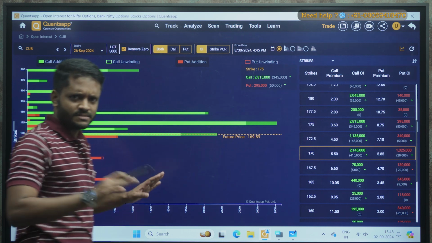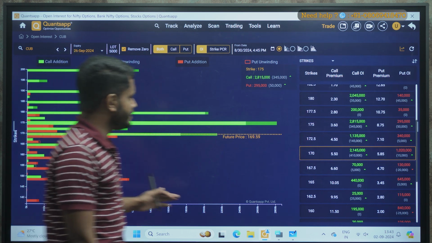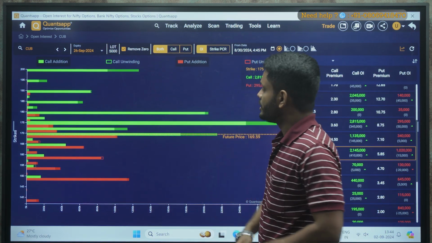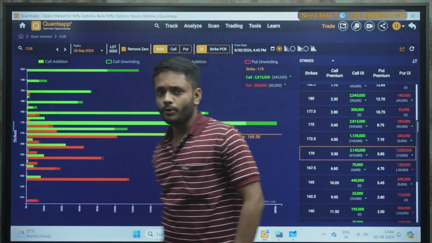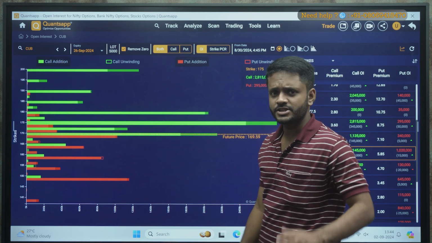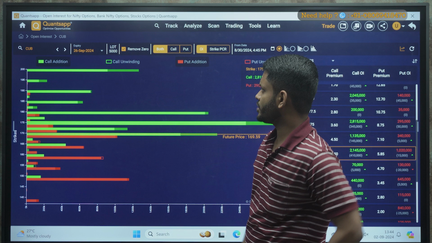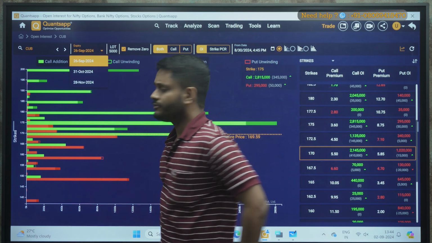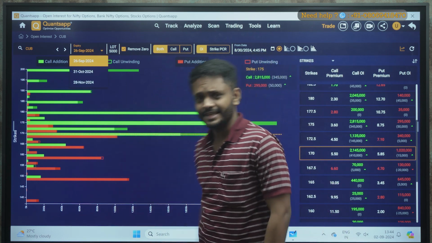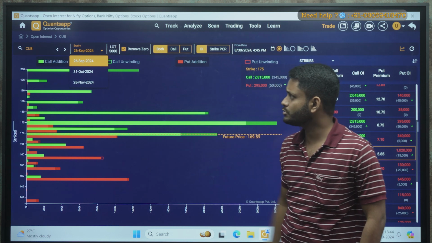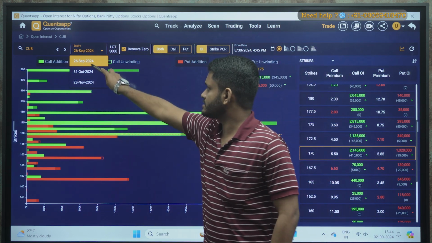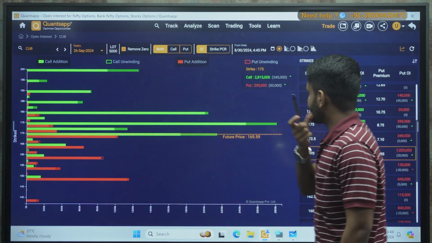first let me explain the interface so it will be easy for you to understand what I'm saying. On the top corner there is a search bar. You can check out any stock you are willing to check, and you can select the expiry. If you are trading stocks, then only monthly expiry is the option, but if you are trading index, you can select the weekly expiries as well. The lot size is 5,000.